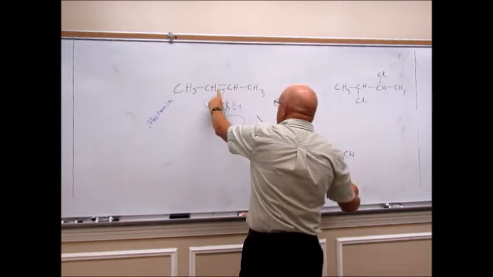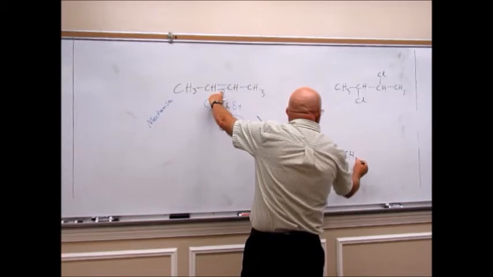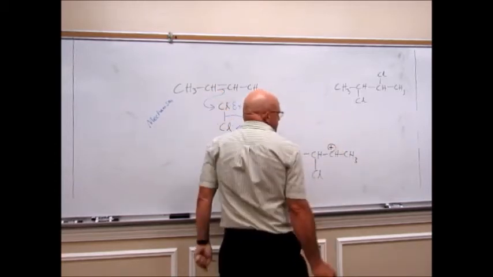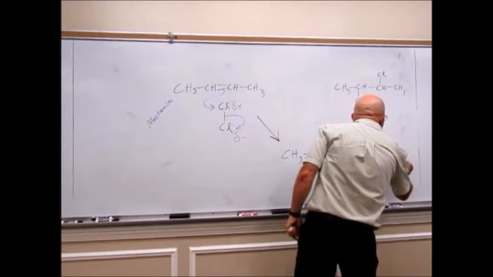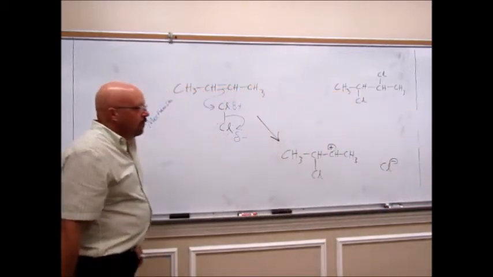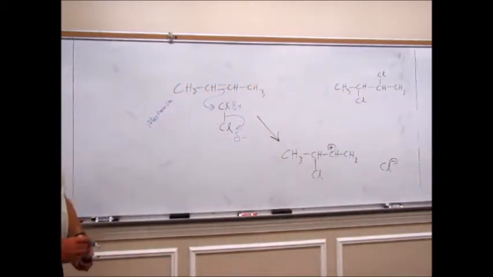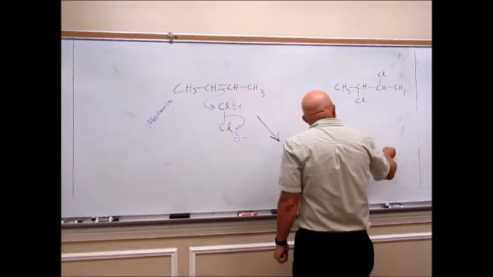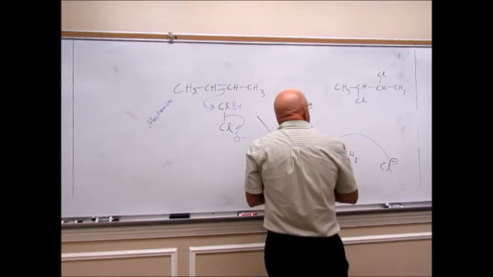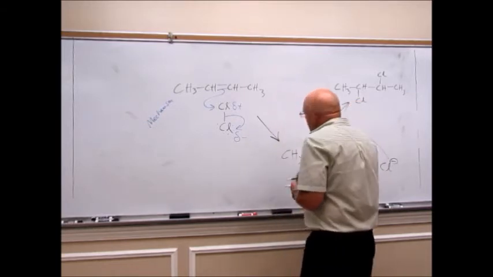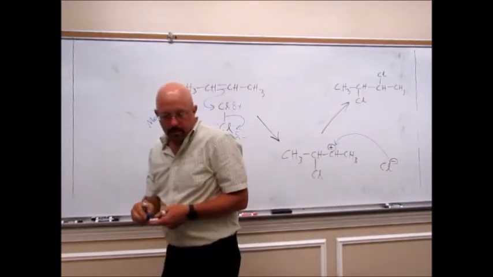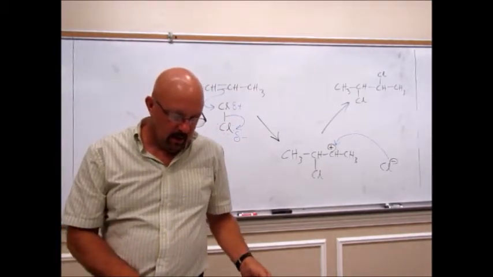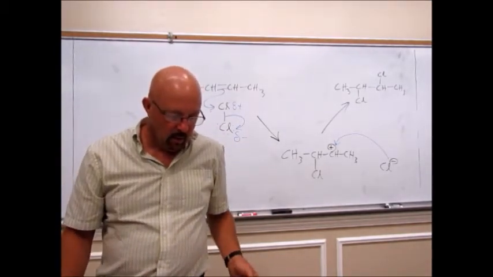The other one will get a plus charge. We can kick the chlorine off. So we get a carbocation, and then the chlorine anion is going to add to that, and we'll get our product. So that's the mechanism on how these work.